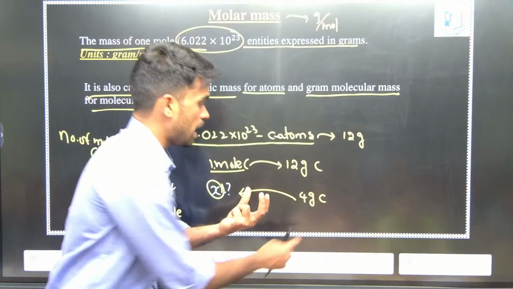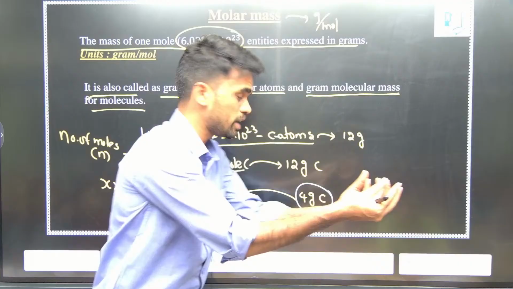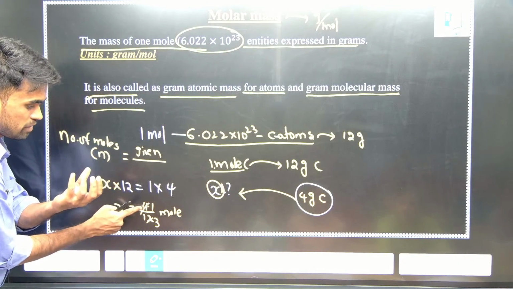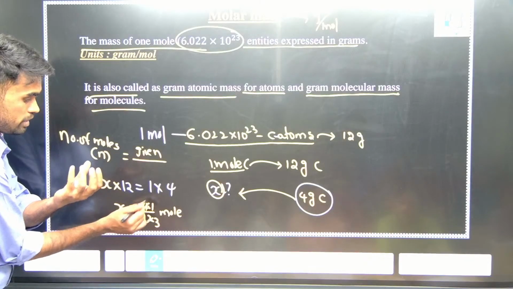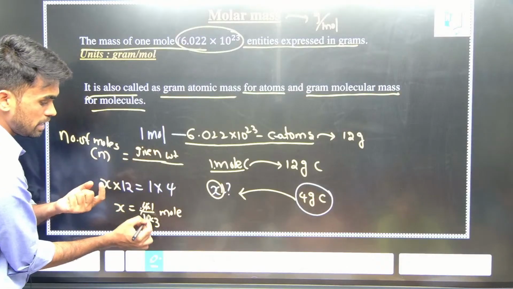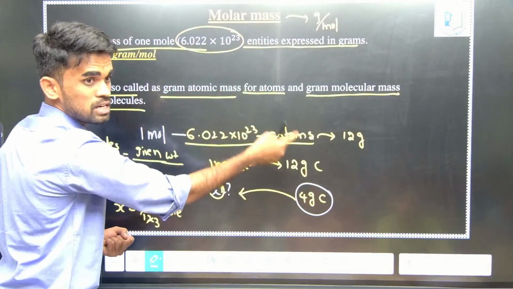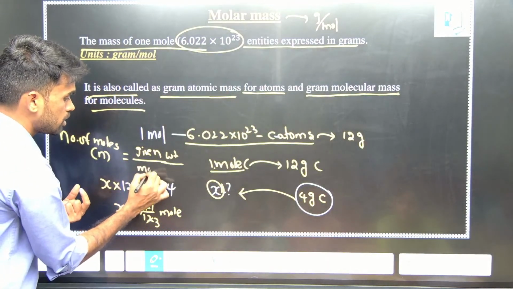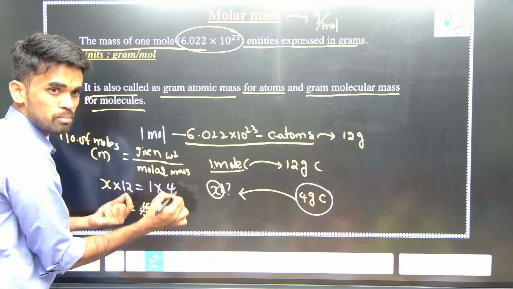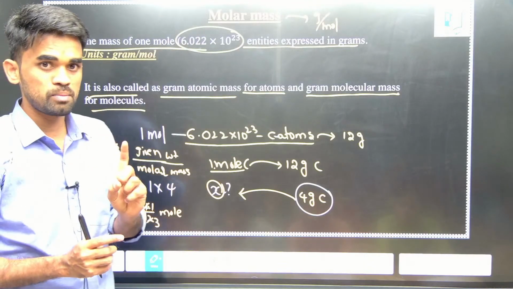I have given you some weight, so take that given weight in the numerator. The given weight is 4, in the numerator. And 12 is the molar mass of that substance. So given mass by molar mass gives you the number of moles. So what is the first formula to be remembered?